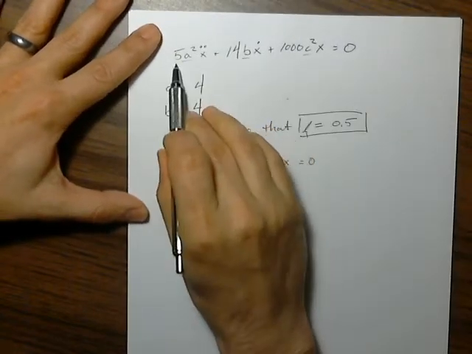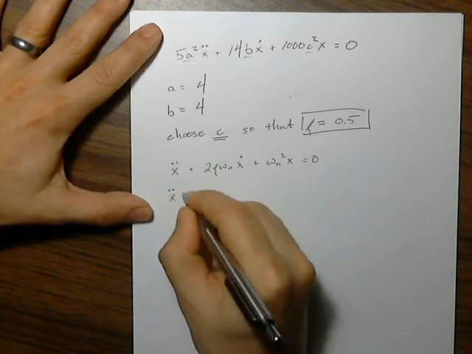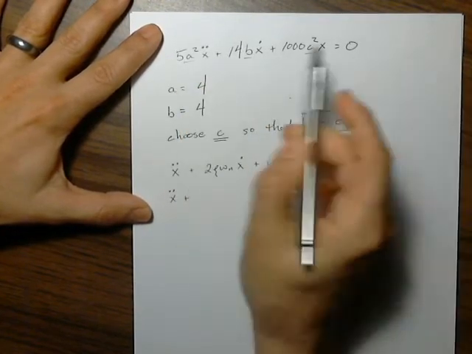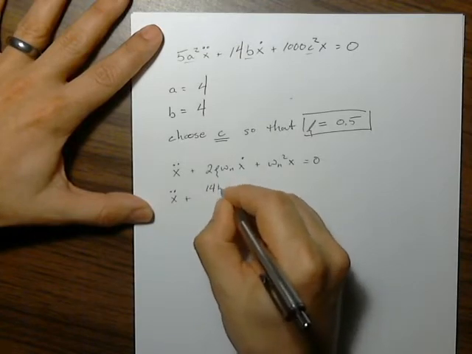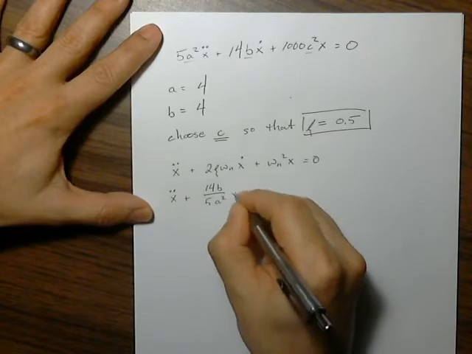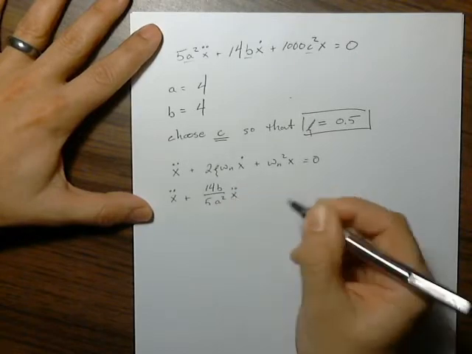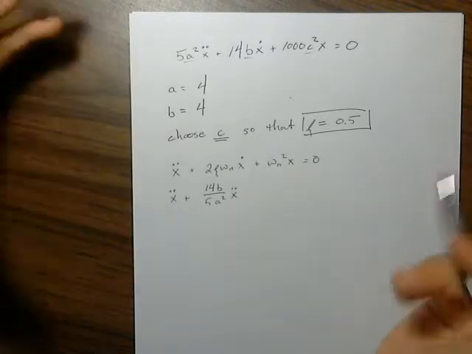So we have to get rid of this coefficient. No problem. We can do that. Just divide the whole thing by 5a squared. Notice that I've deliberately chosen things so these coefficients are not nice. They're messy.